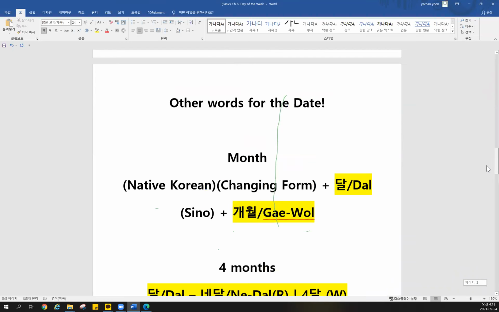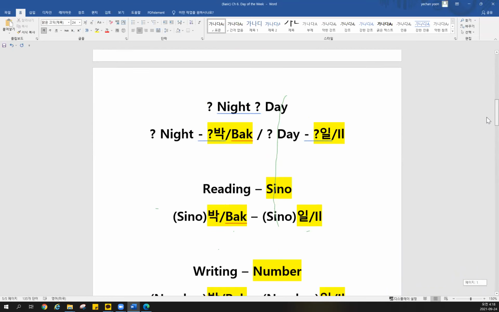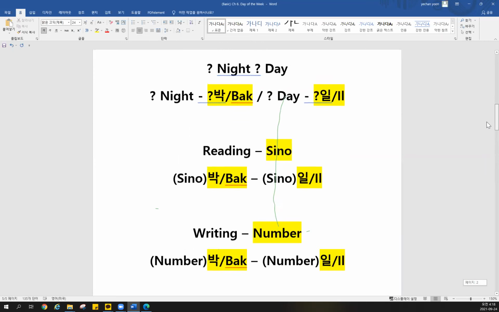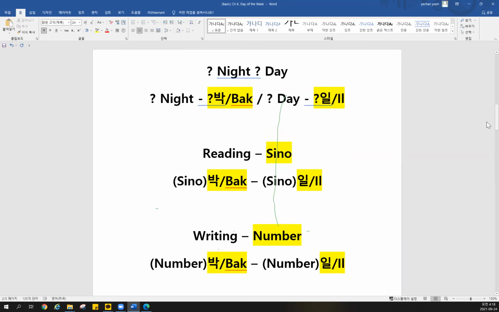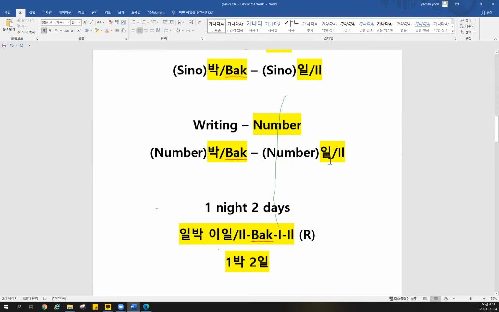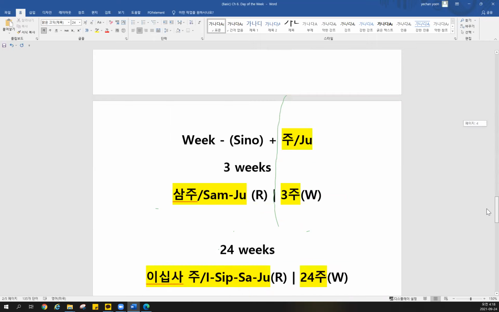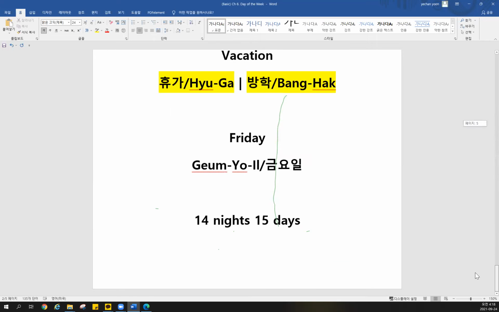I'll give you some hint. Okay, like this. 14 nights, 15 days. How can you say it? Using the Sino version, everyone.